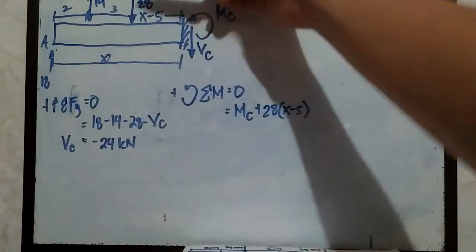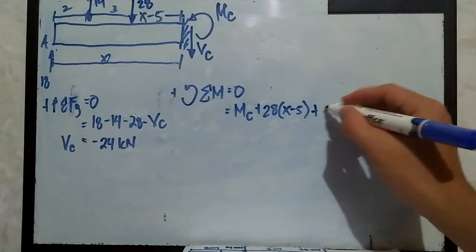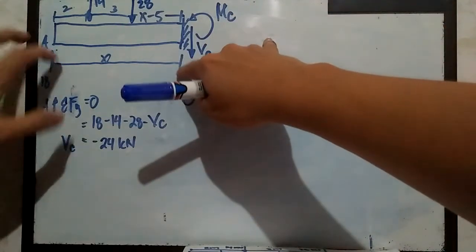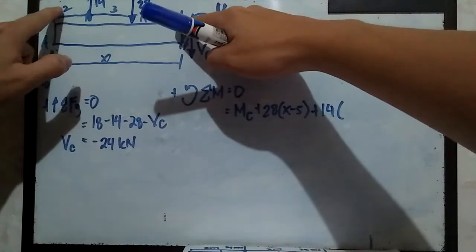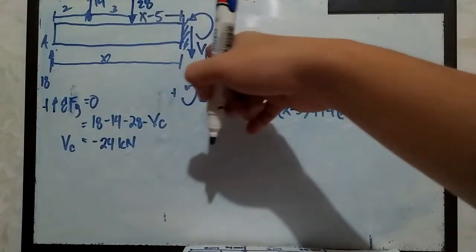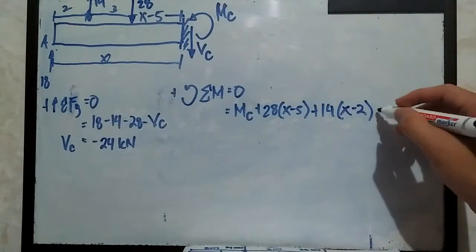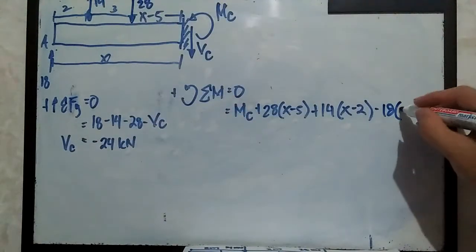We have 14 kilonewtons rotating counterclockwise, so that should be positive 14 multiplied by the perpendicular distance. The whole length is x, this length is 2, so this length is x minus 2. And last but not least, we have 18 rotating clockwise, so that should be negative 18 multiplied by the perpendicular distance equivalent to x.